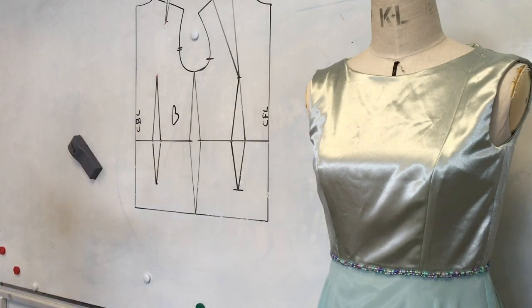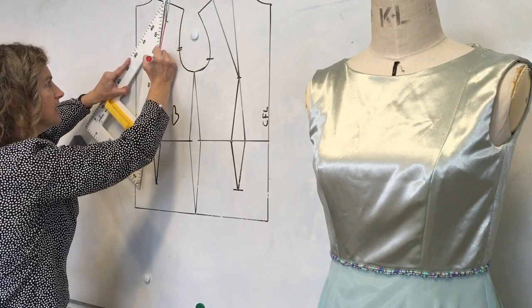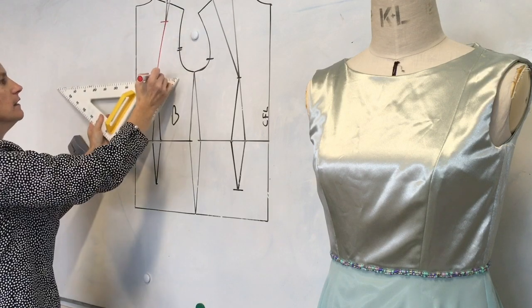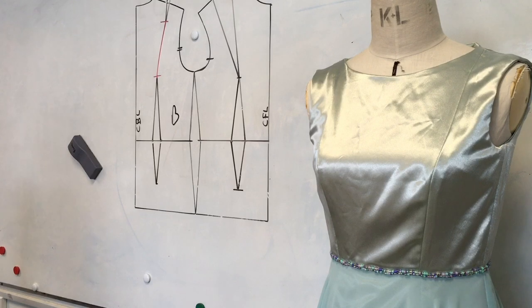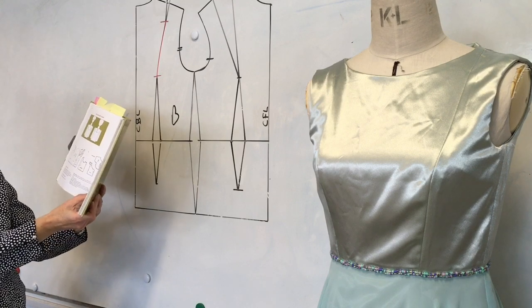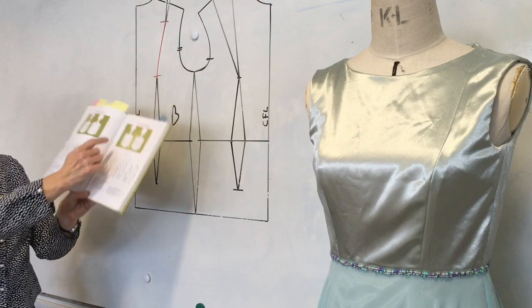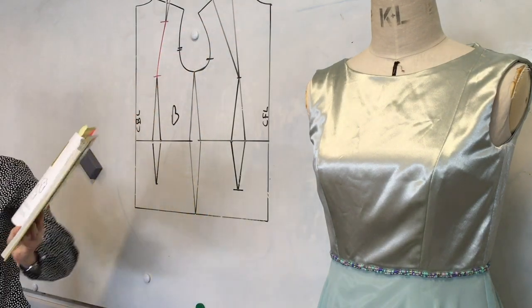It is slightly curved, but all your lines should be using a ruler, or if it's slightly curved, you might need to sketch it, but just be sure it's nice and straight. Then she says, transfer the bust dart to the center shoulder. Now ours is already in the center shoulder, so we don't need to do that step.